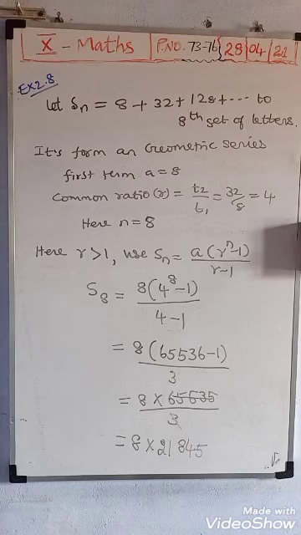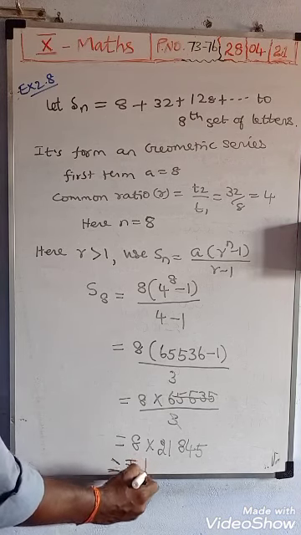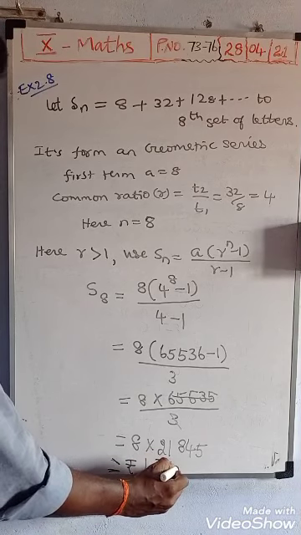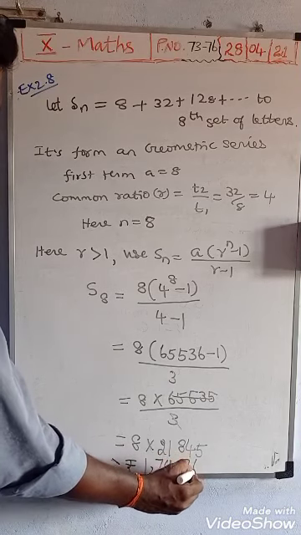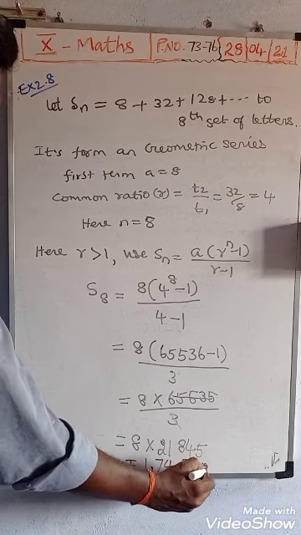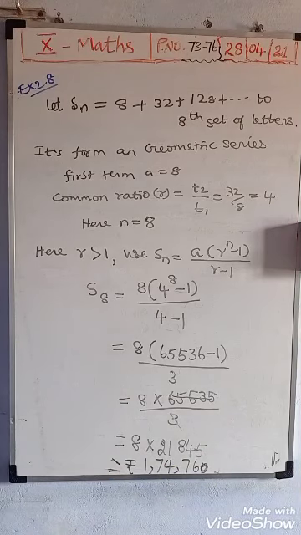Now multiply this with 8, and we receive the answer 1,74,760. Therefore, the answer is rupees 1,74,760. Up to 8 sets of letters being mailed, he has to spend rupees 1,74,760. Okay, that's all.